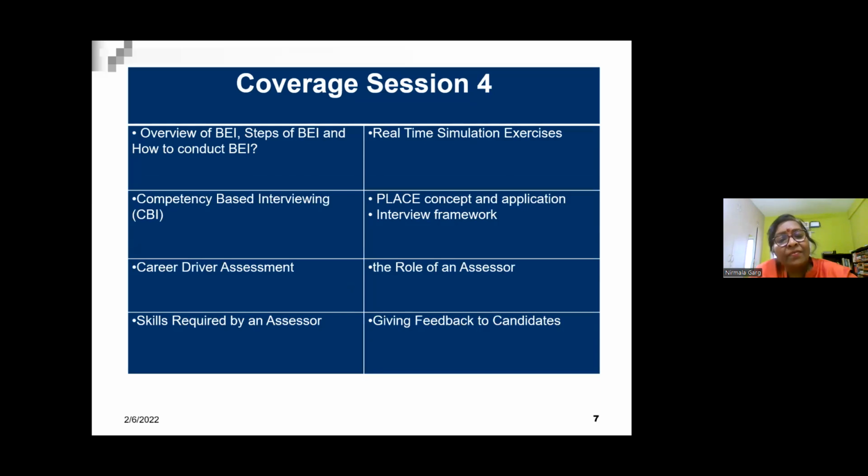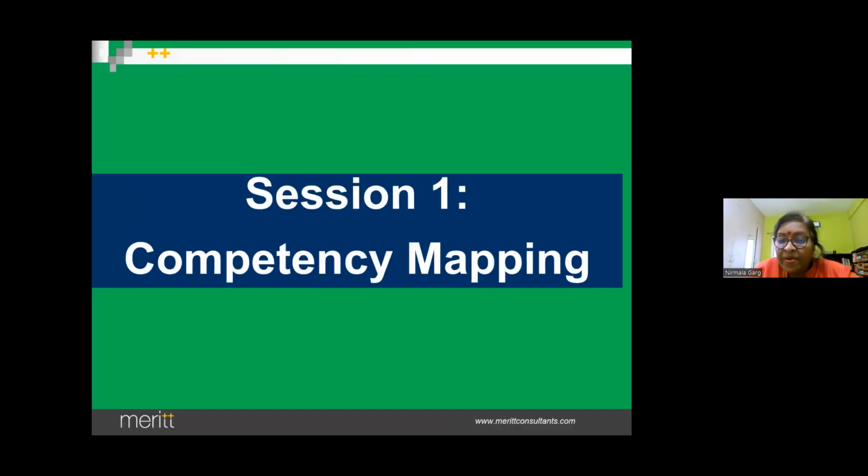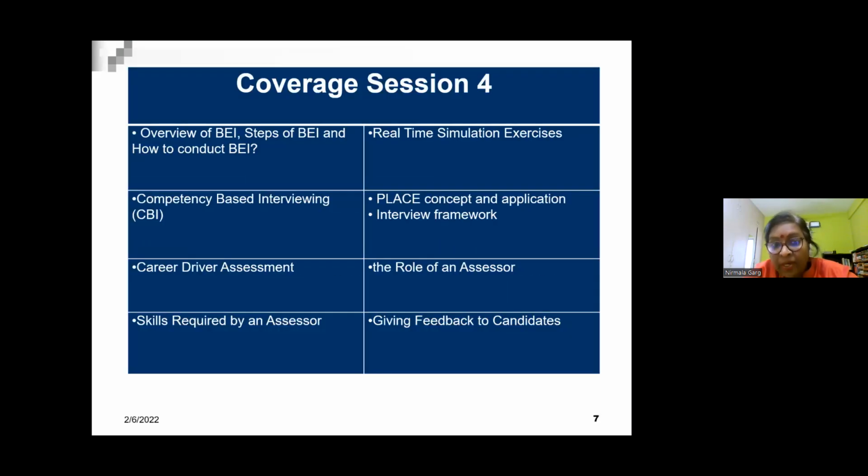Okay. And then in the last session, we are going to look at something which most organizations use today to ensure that the right kind of fitment happens, the right kind of hire happens. We look at BEI, that is behavioral event interviewing, and competency based interviewing.